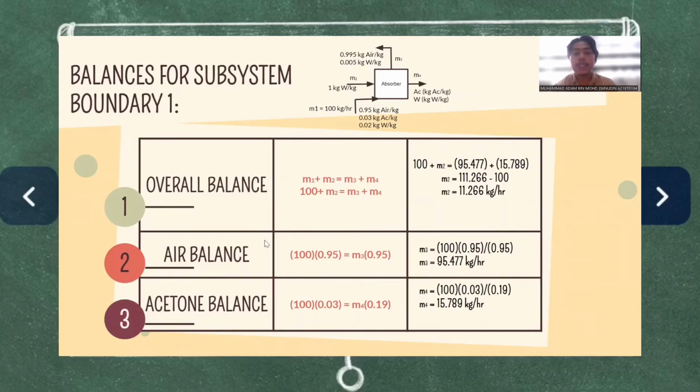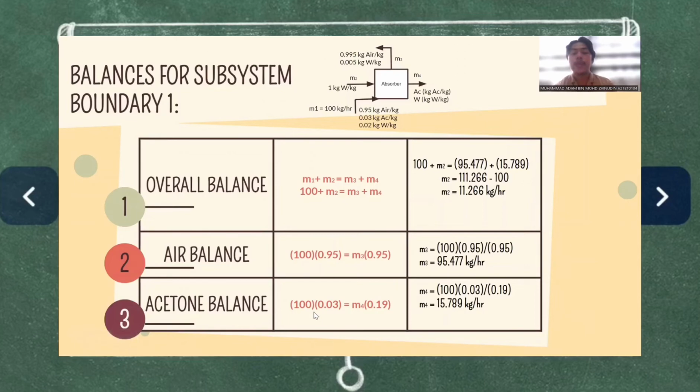Next equation is the composition equation for air balance. We can find M3. So the equation is 100 times 0.95 equals M3 times 0.95. And next, we can also find M4 based on the third equation, which is the acetone balance.